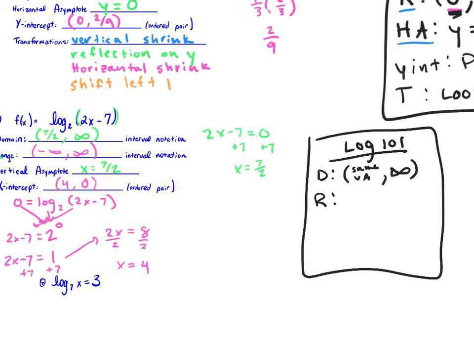Our range is always, always, always all real numbers, negative infinity to infinity. For our vertical asymptote, we set the parentheses equal to 0. And for our x-intercept, plug in 0 for y.